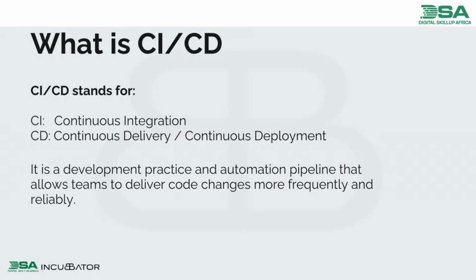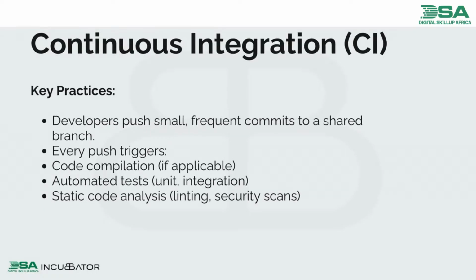So it's a practice that allows for the automation that actually helps you as a team to deploy your code. So there are two parts to it, right? One is continuous integration and the other one is continuous deployment. And there are different parts that form the CI/CD pipeline. So we describe each of them so that you know what happens at each step.